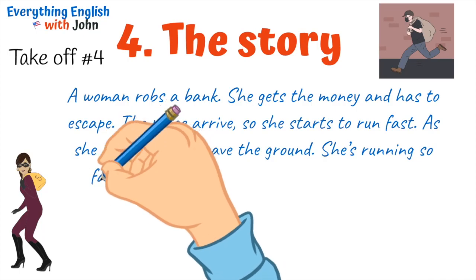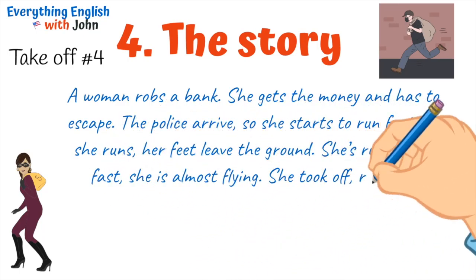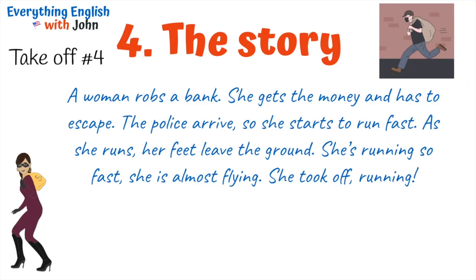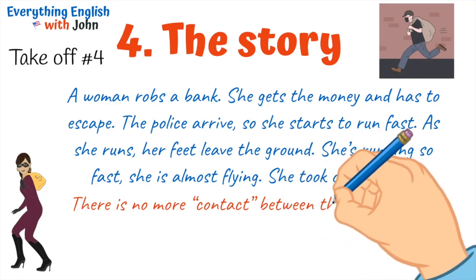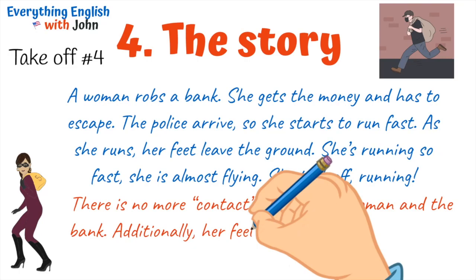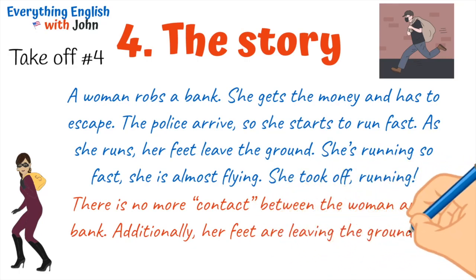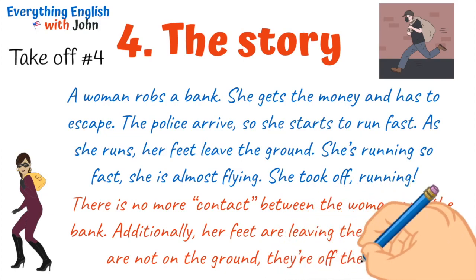She's running so fast, she's almost flying. She took off, running. There is no more contact between the woman and the bank. Additionally, her feet are leaving the ground. They're not on the ground, they're off the ground.